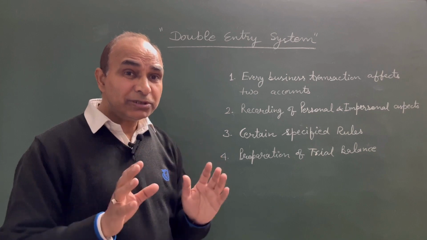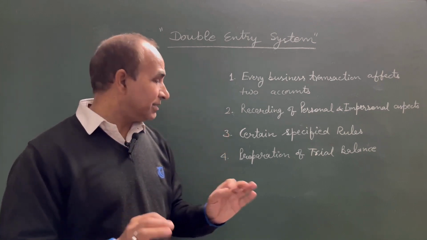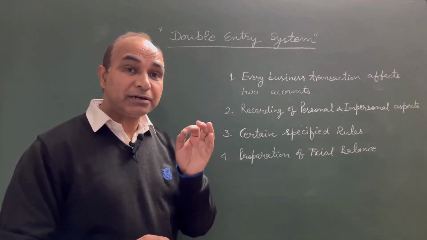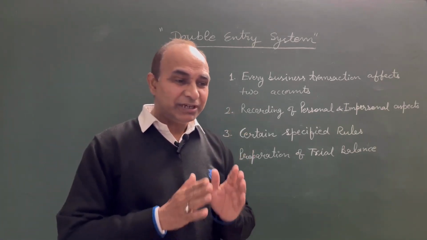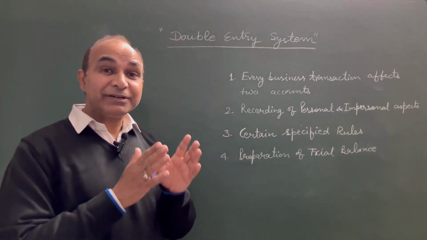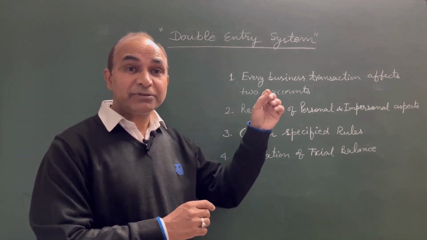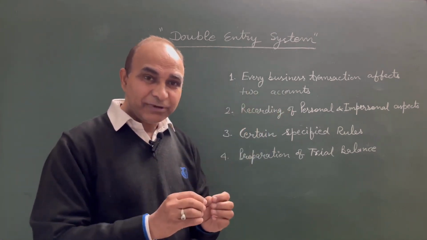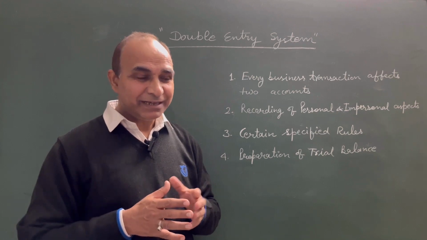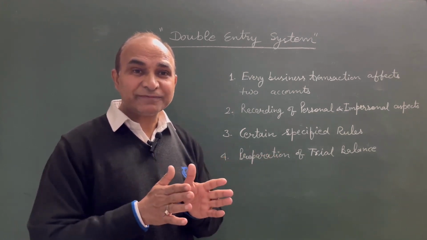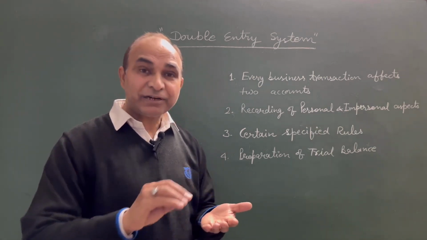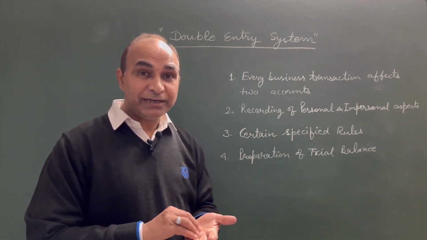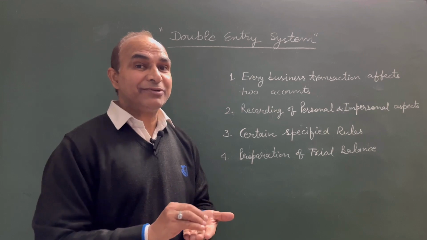In order to know the arithmetical accuracy, we prepare what? Trial balance. Trial balance is a statement in which debit balances of different accounts are put on the debit side, credit amounts are put on credit side, and if both the amounts match, that ensures that books of accounts are maintained properly and there is arithmetical accuracy.